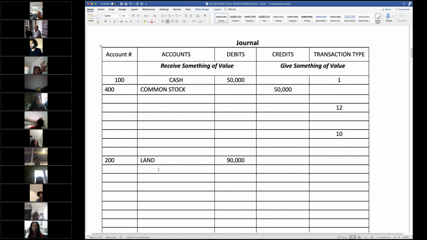So how do we buy this land? We paid cash down of how much? 10,000 on the credit side. What type is this? 7.